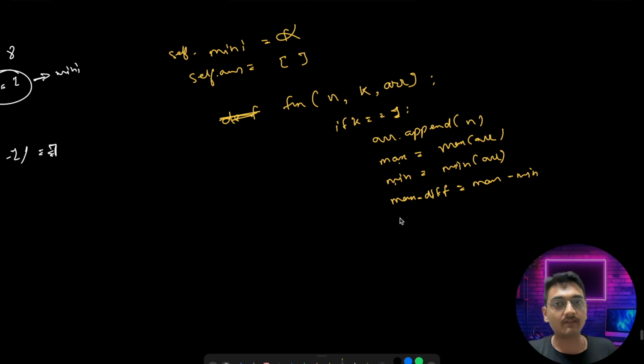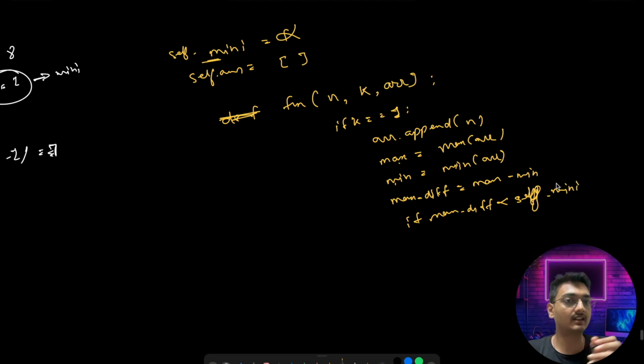And I will compare with the global mini. If this max diff is less than self.mini (in Java we have the this keyword, it is the same as self here), I will update self.answer equal to array, and self.mini will be this max diff. Okay, superb.